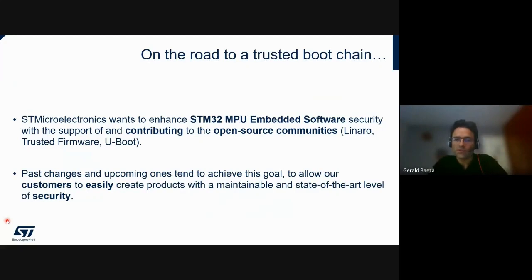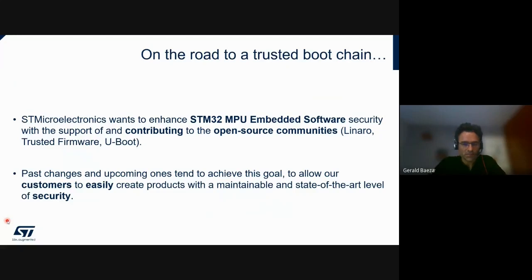So this presentation is to show you that STM32 MPU embedded software security is improving every year more and more. We want, and we are contributing to, the open source communities. So Linaro, as Etienne is one representative here, but also the Trusted Firmware, U-Boot, and Linux communities.